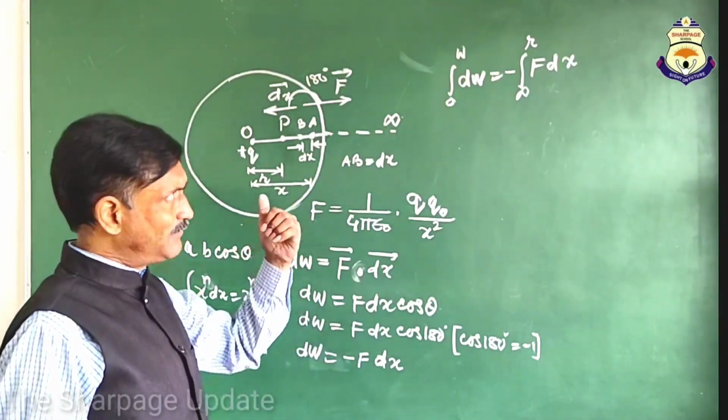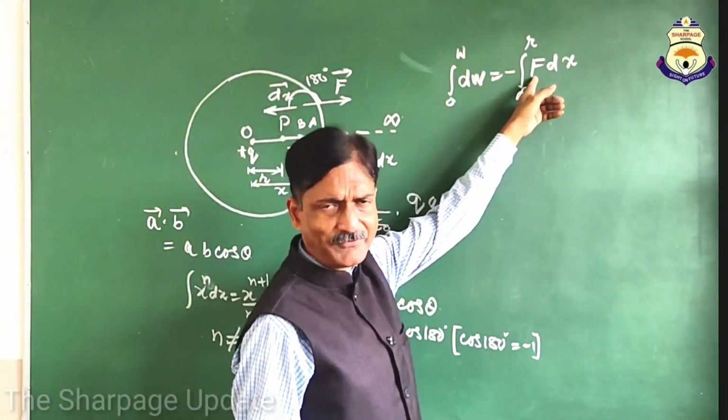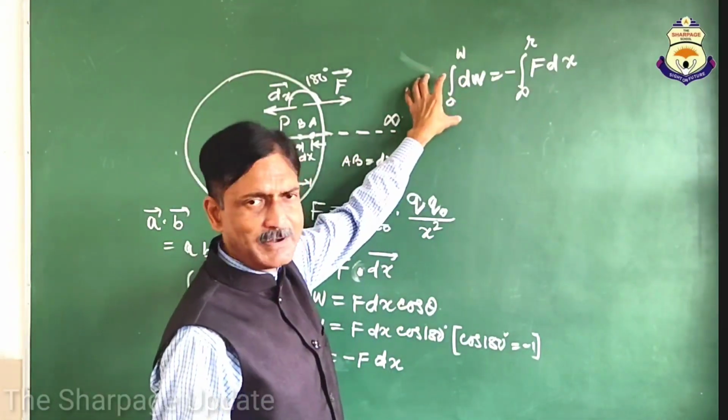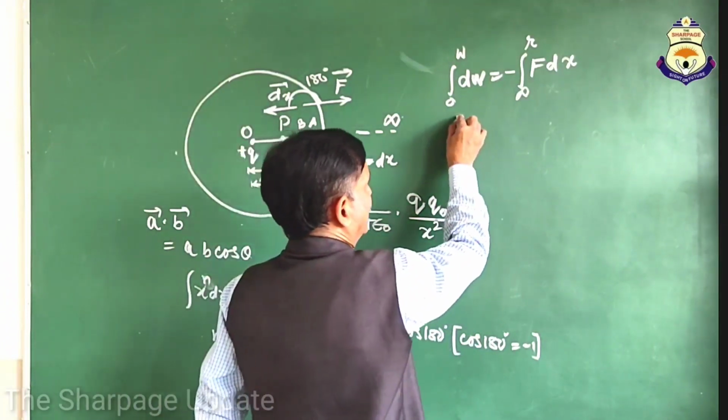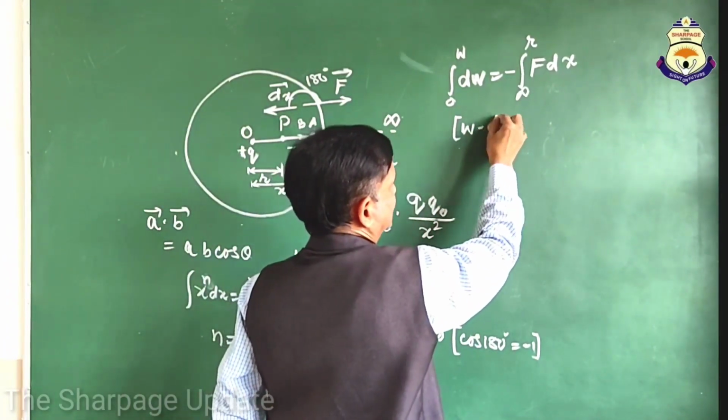So by substituting the value of F here and by taking the limits of this integration and by using the formula, we get W minus 0.